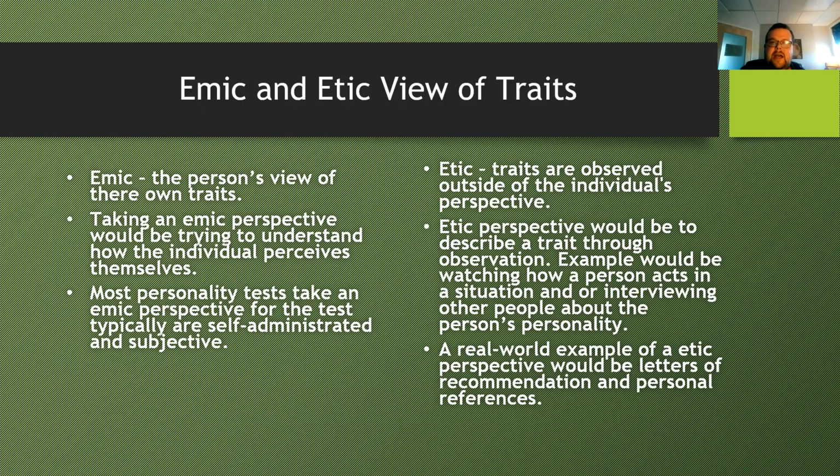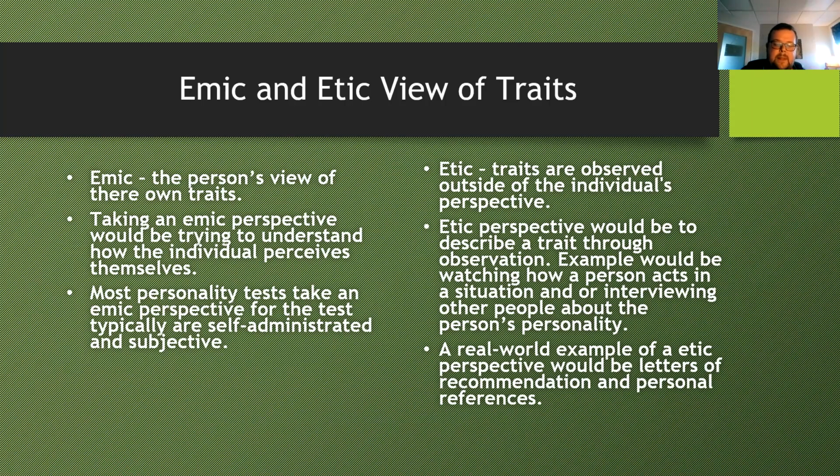But if you asked people who are close to me, friends, family members, colleagues, even clients that I've worked with, they will tell you that I'm introverted. Okay? So observationally, I will get an introverted trait, but subjectively, for whatever reason, I tend to score high in extroversion. So that's just something to keep in mind, that depending on what perspective we're taking, we may get different results.